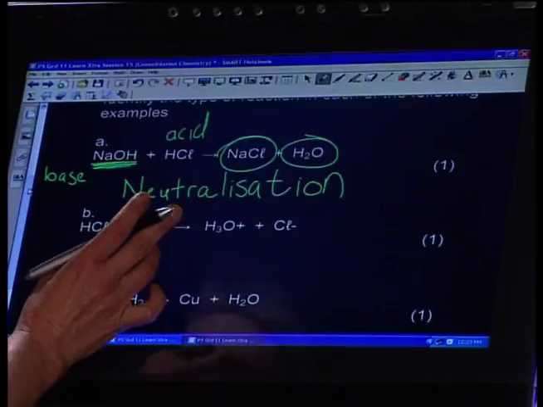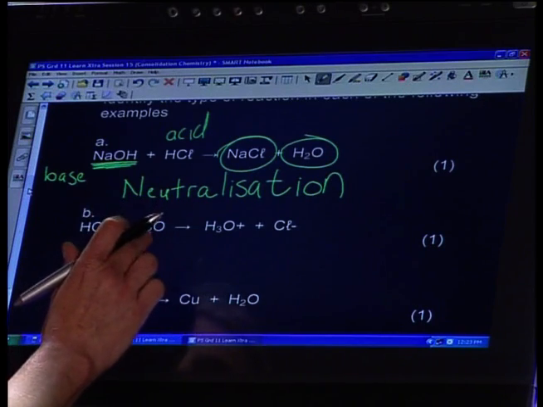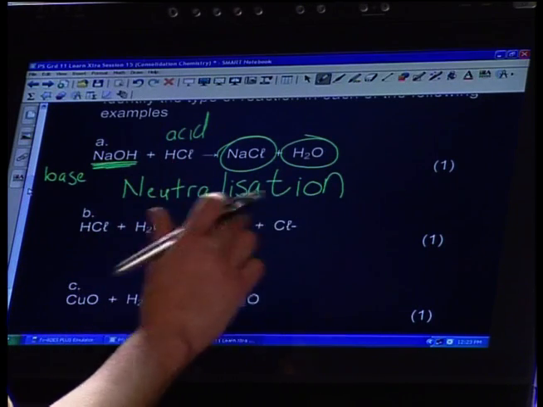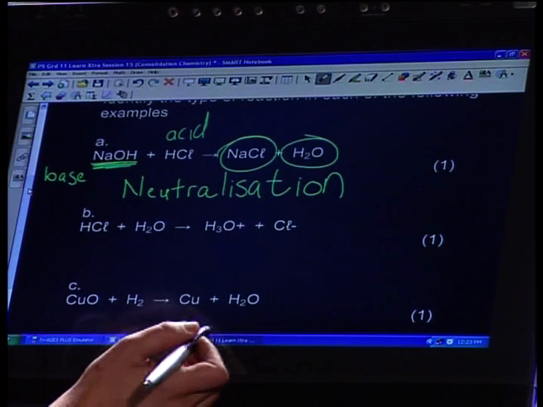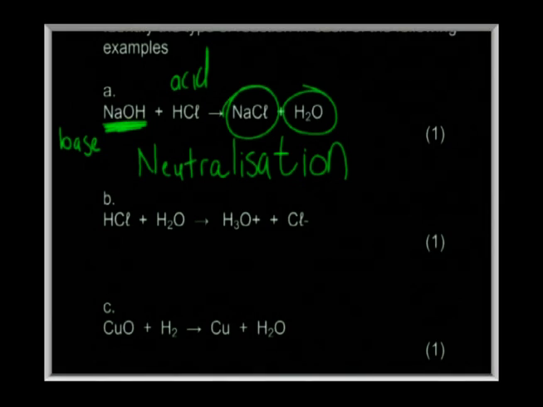On the left-hand side, I've got HCl and H2O, and on the right-hand side, they have turned into ions. They have ionized, because remember, that's exactly what an acid does. It donates one of its protons to water to give us H3O+. So the next reaction is an ionization reaction, because ions are formed during the course of the reaction. Ionization.